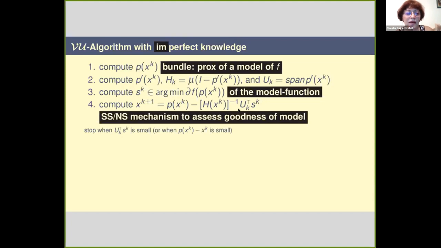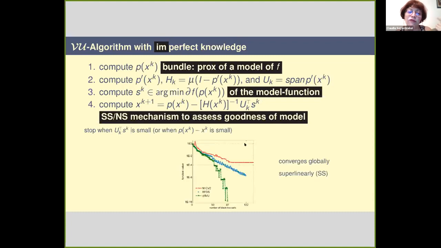This VU algorithm with imperfect knowledge is what we apply for the function that I showed, the half and half function, the square root of a quadratic semi-definite form plus a quadratic form, and it is what gives this very fast convergence.